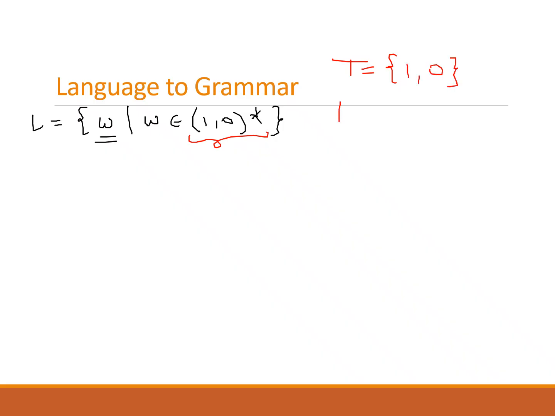The non-terminal we would be introducing is S. So, what is accepted here? It says W. Epsilon is accepted because 0, 1 can come 0 or more times. I can have only 0, I can have only 1. And then there is no restriction to this length because it says star. So, this can come up any number of times.